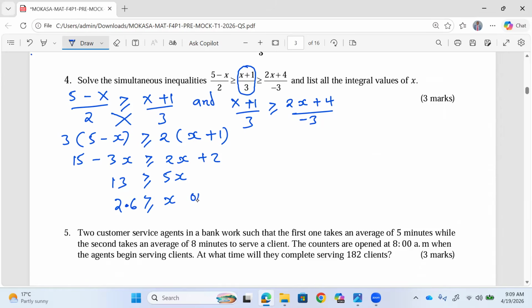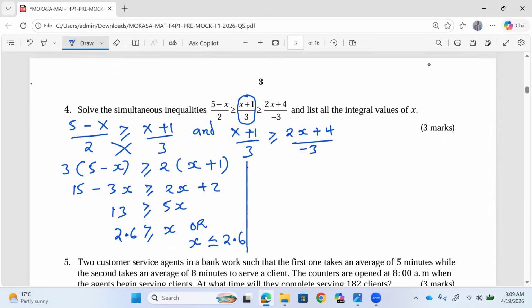Remember, this statement can also be simplified as x being less than or equal to 2.6. That is the first one. You can reverse the symbol of inequalities by simply changing the sides. When we say 2 is less than 7, we also mean 7 is greater than 2.